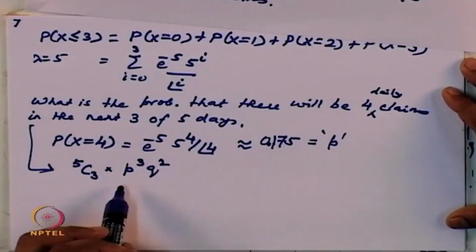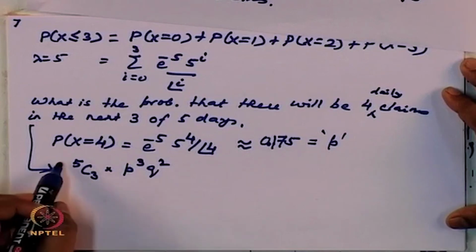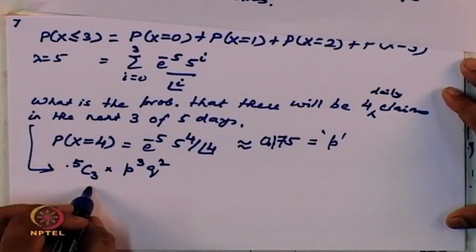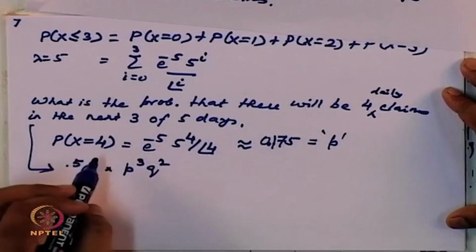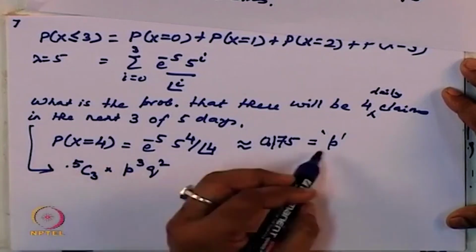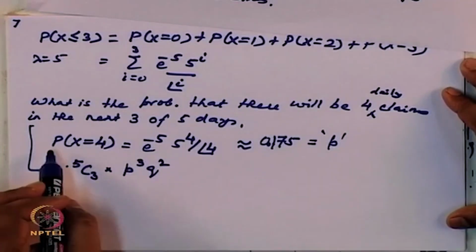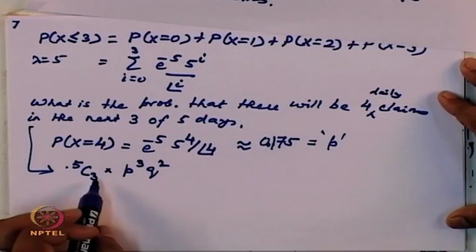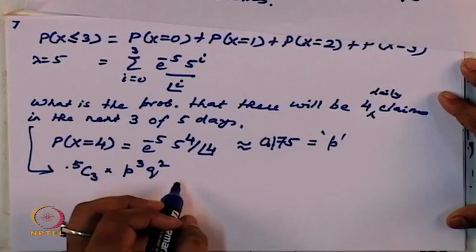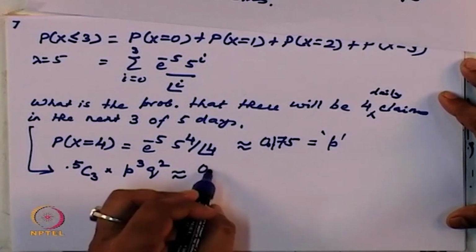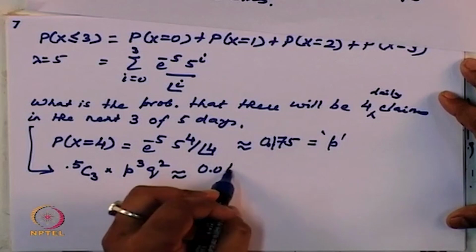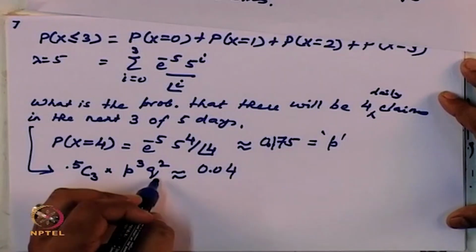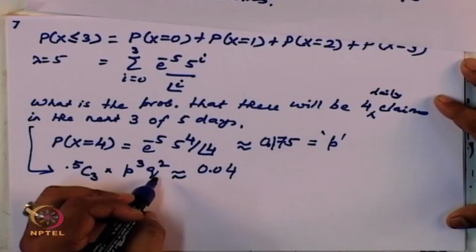In 3 out of 5 days, your n is 5, so this is a binomial random variable with n equal to 5 and p is the probability that there will be 4 claims in a given day. Accordingly, you can calculate this value and you will get roughly 0.04 or something. Just cross check, put in the proper values and cross check.